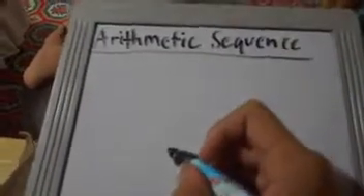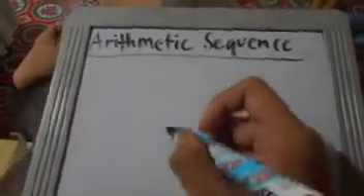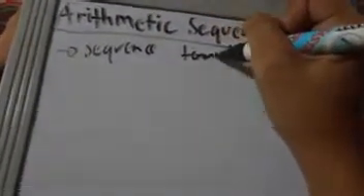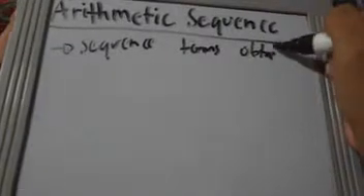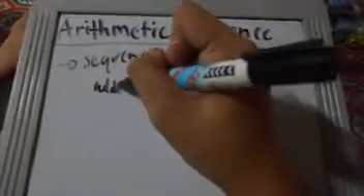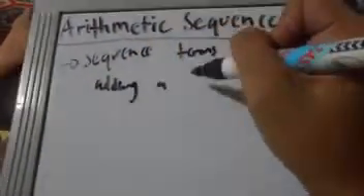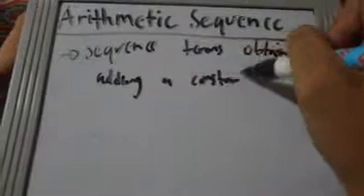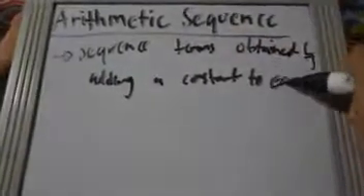Now let's proceed to our lesson about arithmetic sequence definition. First, what is an arithmetic sequence? An arithmetic sequence is a sequence with terms obtained by adding a constant to each term.